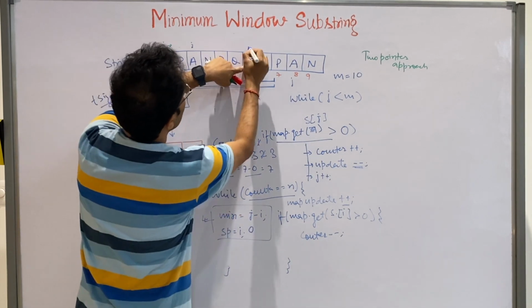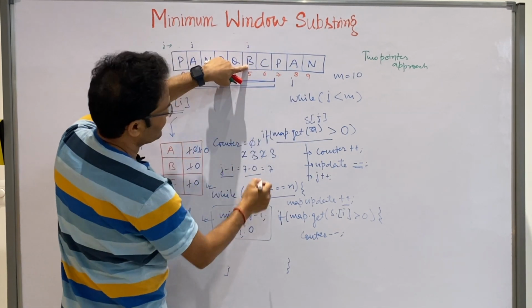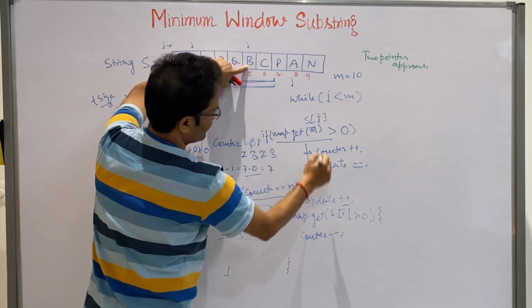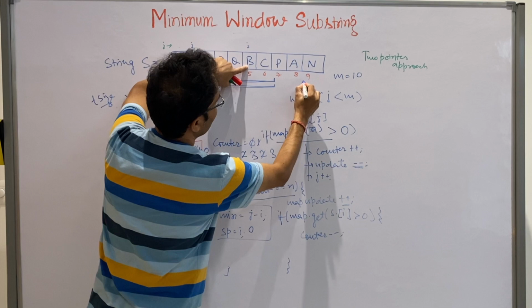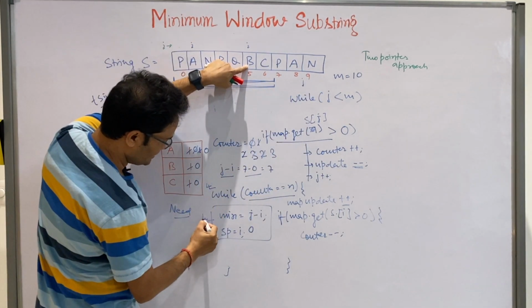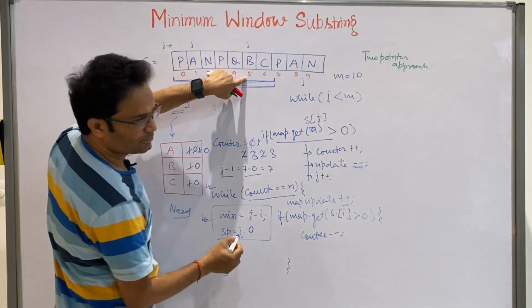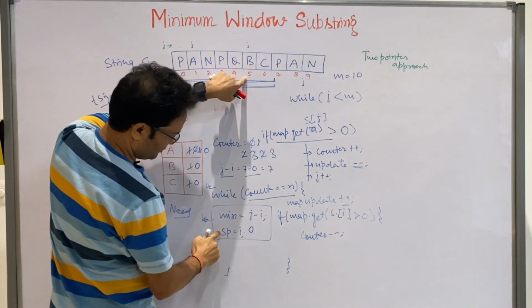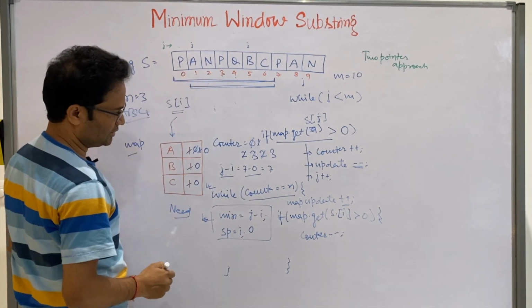Right now i is equal to 5 and j that time was 8, right? So j is updated here, so that might come here. So 9 minus 5, you can keep 4 as the minimum size, and now the starting point is 5. When you make the new window, that window will start from here. That's why I will store this SP value, which will be seen in the code.